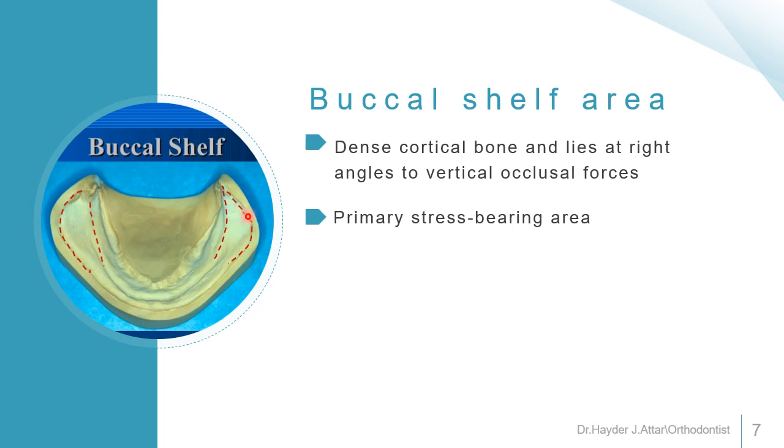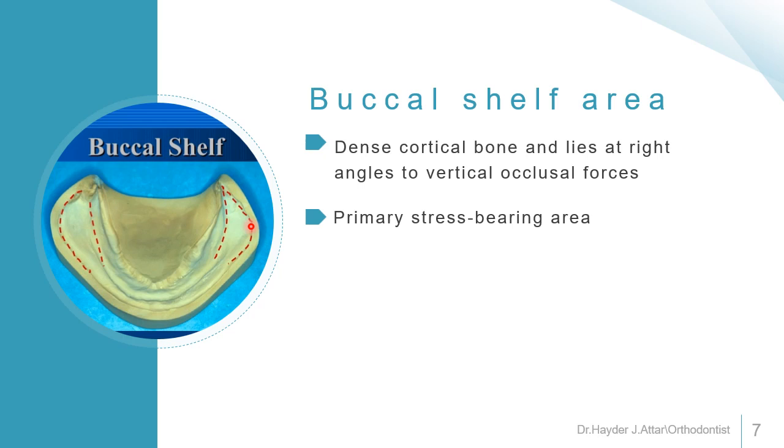The external oblique ridge represents the attachment of the buccinator muscle, so this ridge is regarded as a hard area and highly resistant to resorption during the wearing of the complete denture.